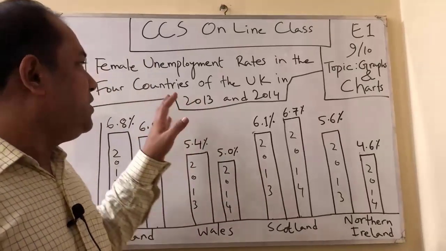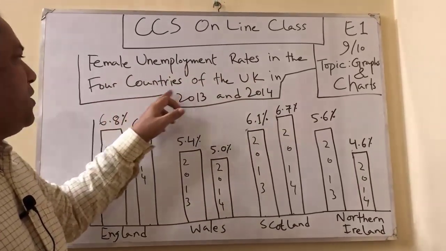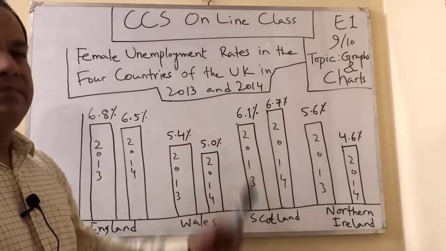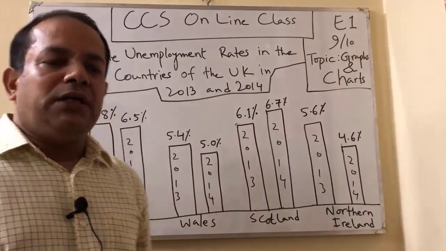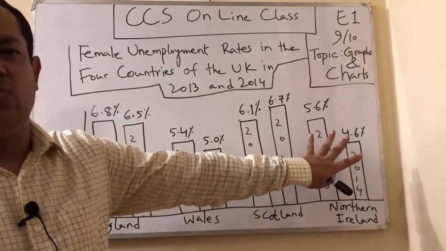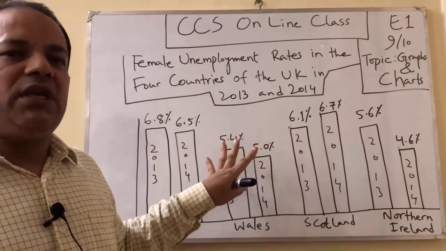So our question is the female unemployment rates in the 4 countries of the UK in 2013 and 2014. And I have drawn a bar chart for you on the board. I think you can see it very clearly.